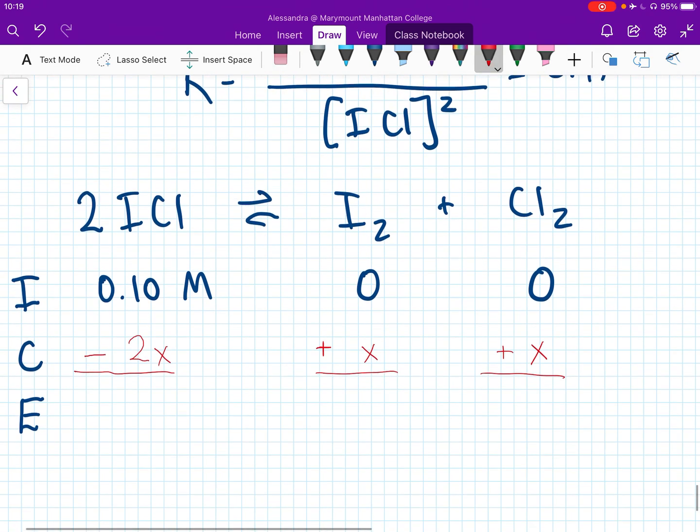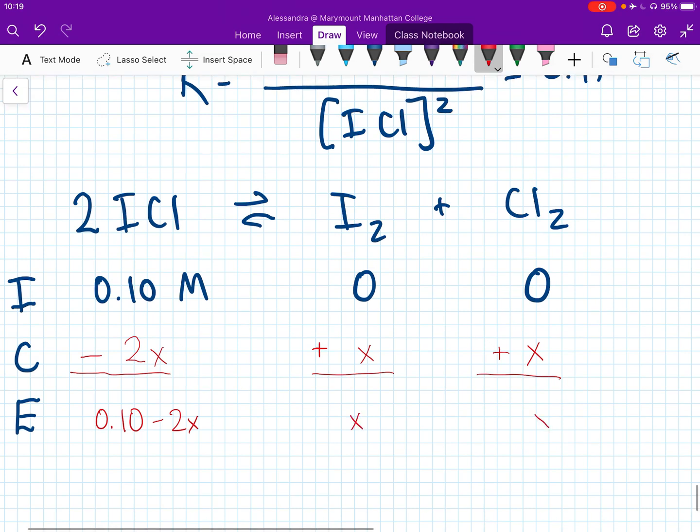So this enables me to come up with algebraic expressions for the equilibrium concentrations. The equilibrium concentration of ICl would be 0.10 minus 2x. 0 plus x equals x, and 0 plus x equals x. So I have algebraic expressions for the equilibrium concentrations of each of the species in the reaction.